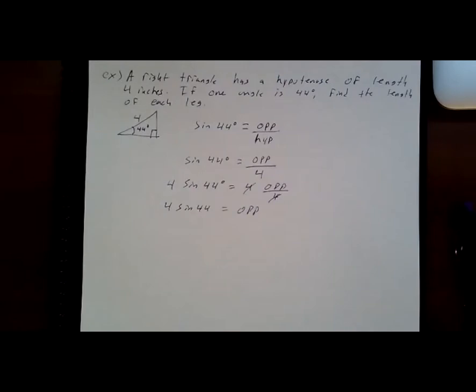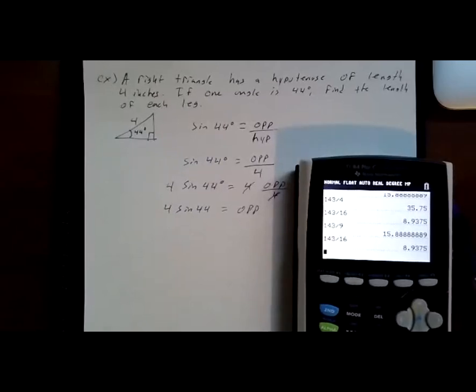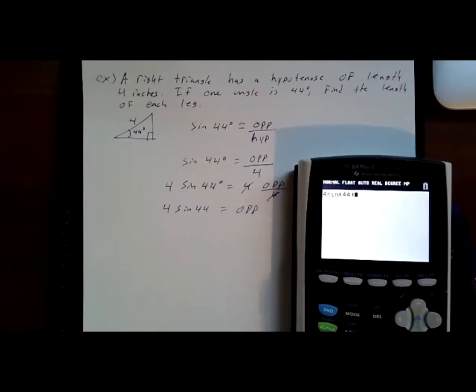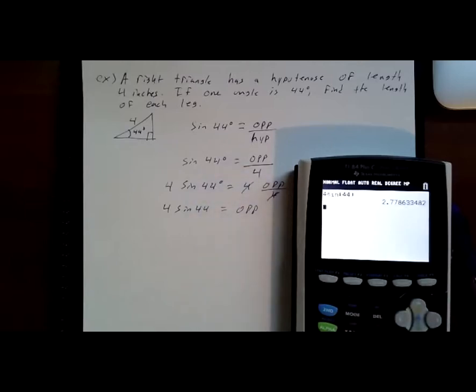I don't know what that is, so we have to use our calculator. Any scientific calculator will be fine. You don't need anything fancy. 4 sine 44 degrees. So it's about 2.77.